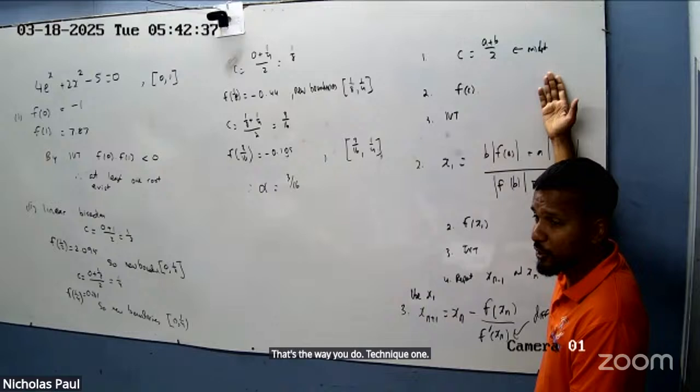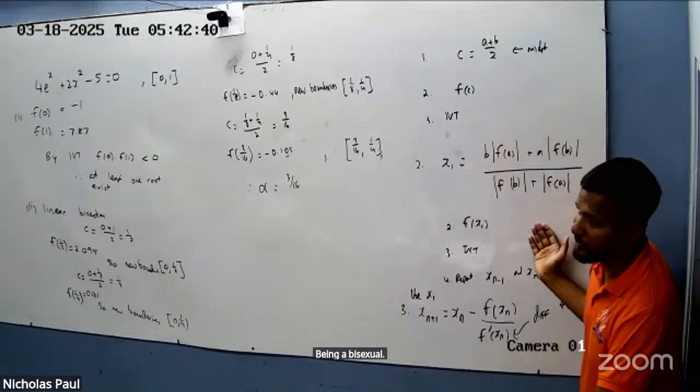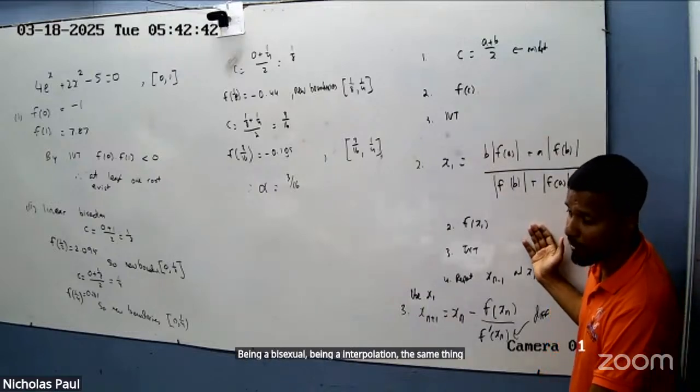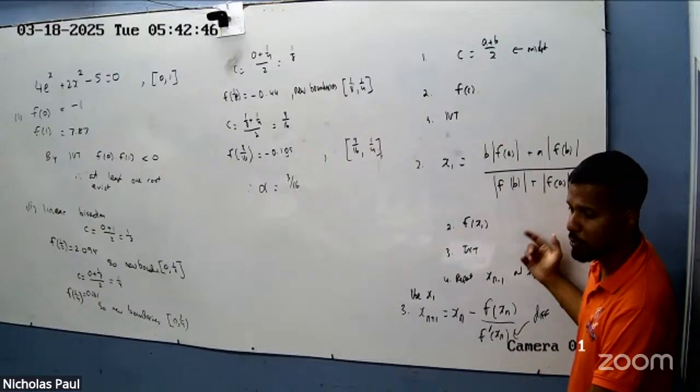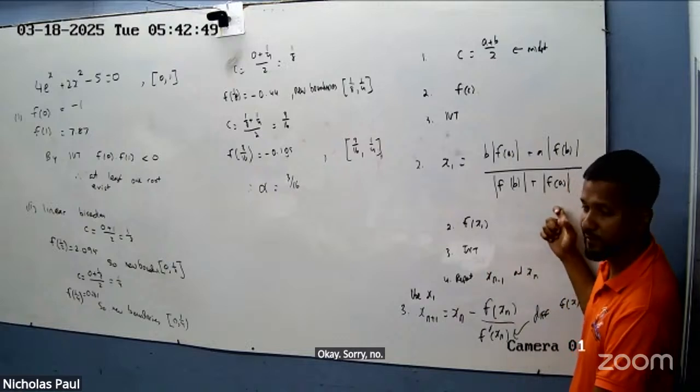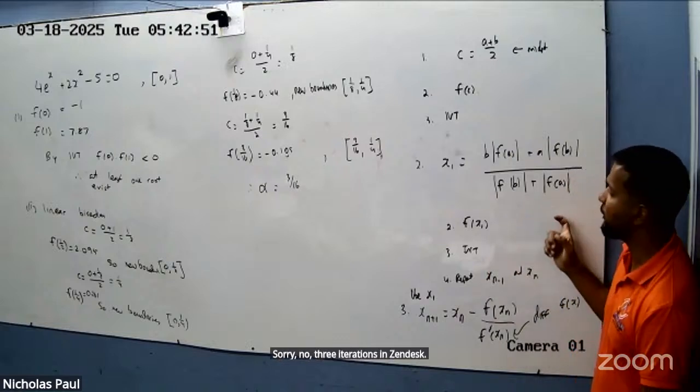Linear bisection. Linear interpolation is the same thing, except you have a formula to use now. Okay? Try it now. 3 iterations using this.